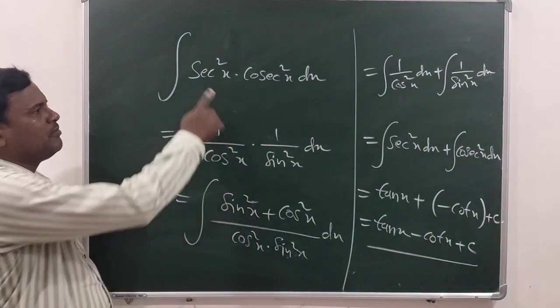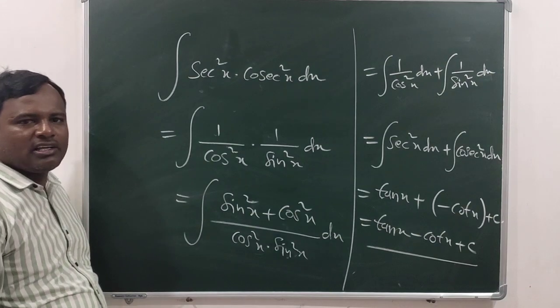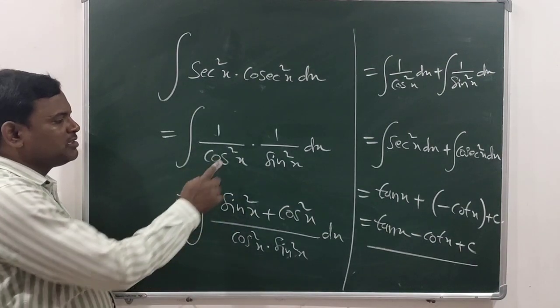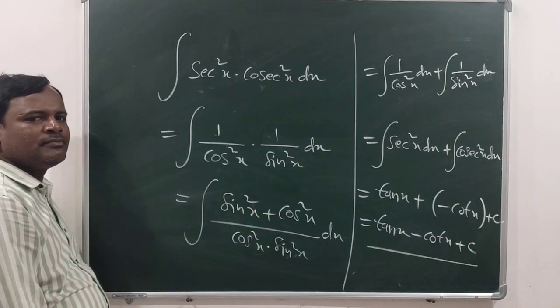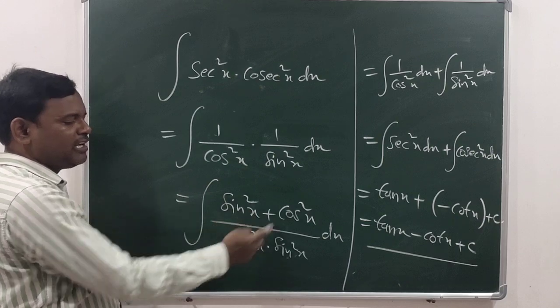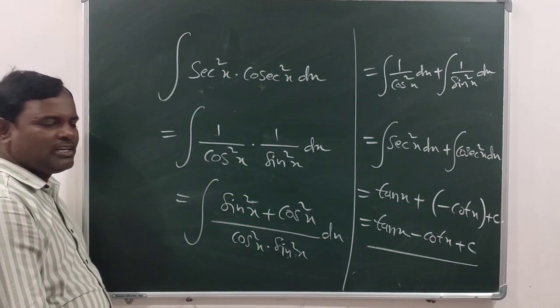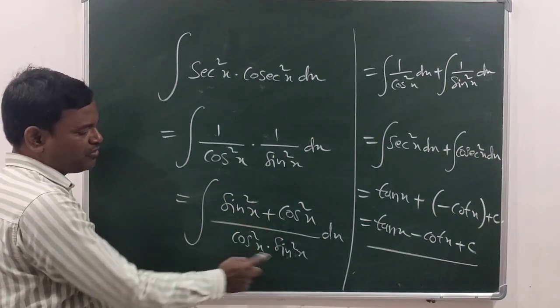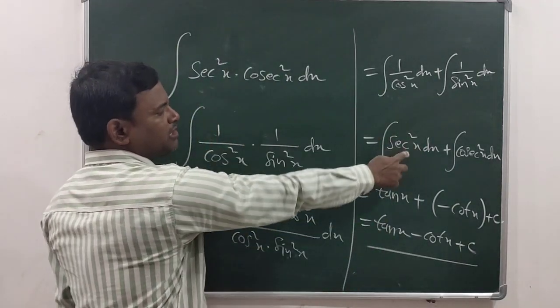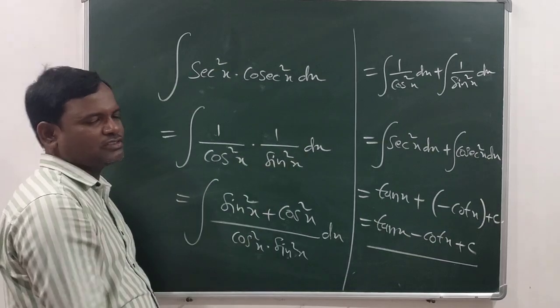First, what did I do? I transformed this one into sin and cos. So here in the numerator 1 is there. That 1 I have written as sin square x plus cos square x. In the next step I divided these two terms by this so that I got this. Now as you know, 1 by cos square x is nothing but secant square x, and 1 by sin square x is cosec square x.